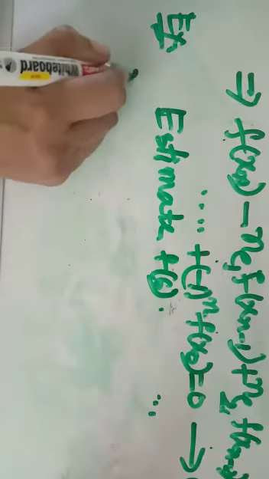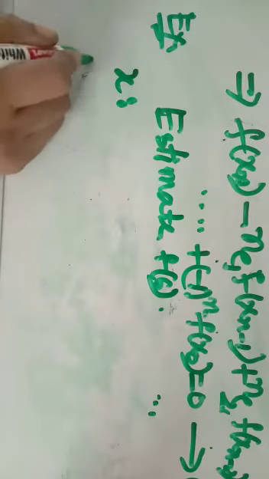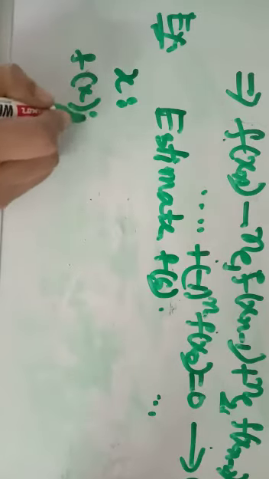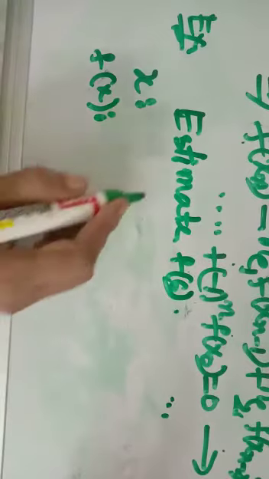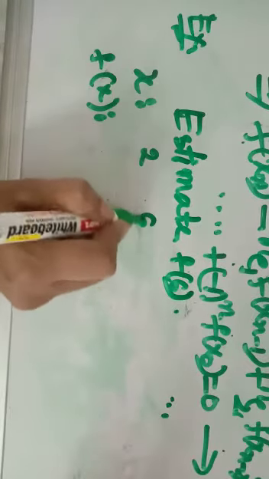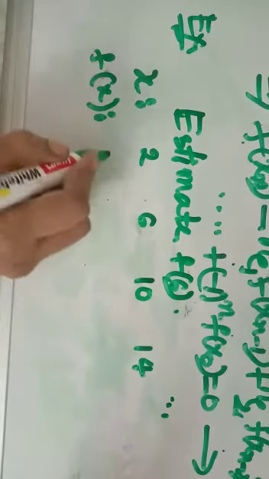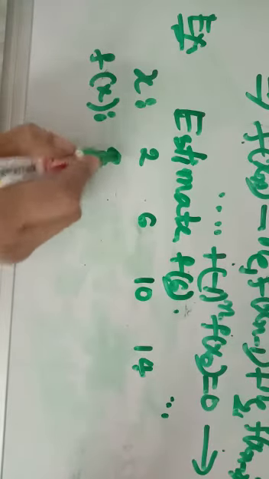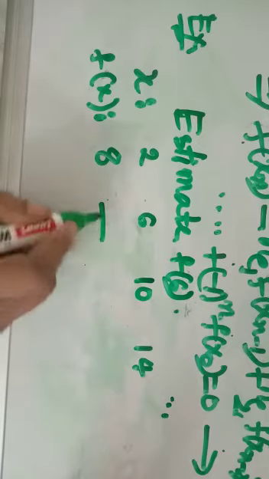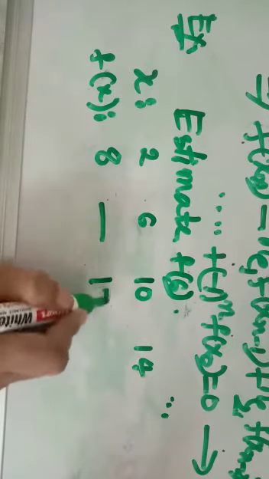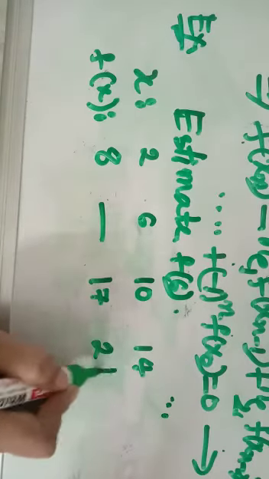The values are x and f(x). The values of x are 2, 6, 10, 14, and the values of f(x) are 8, this is the missing value, 17, 24.